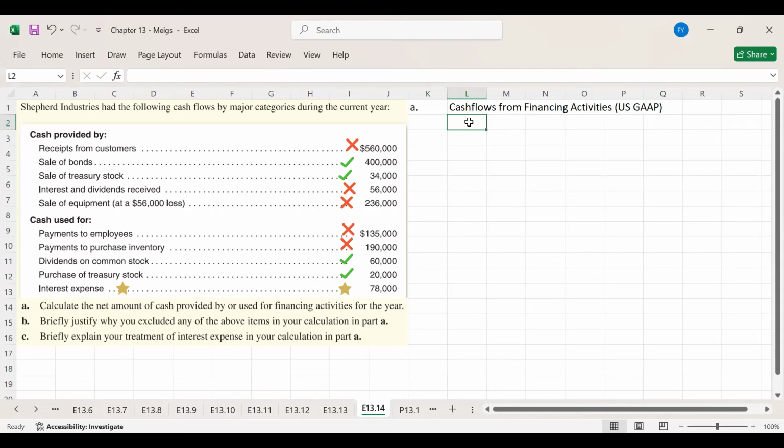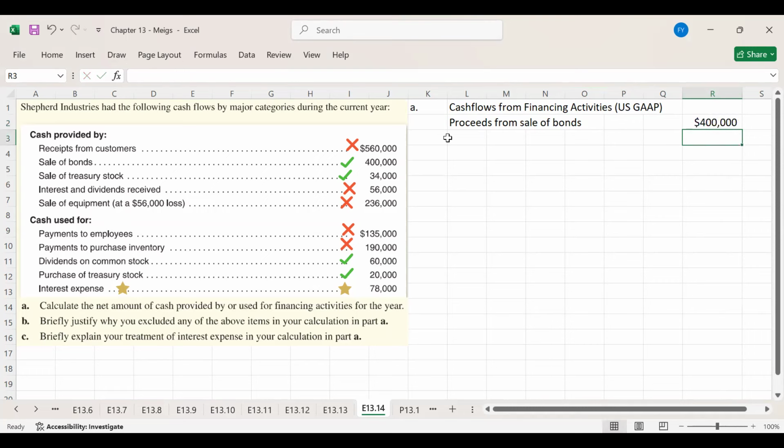So cash flows: we have cash receipts from the sale of bonds. Proceeds from sale of bonds, and the amount is $400,000.